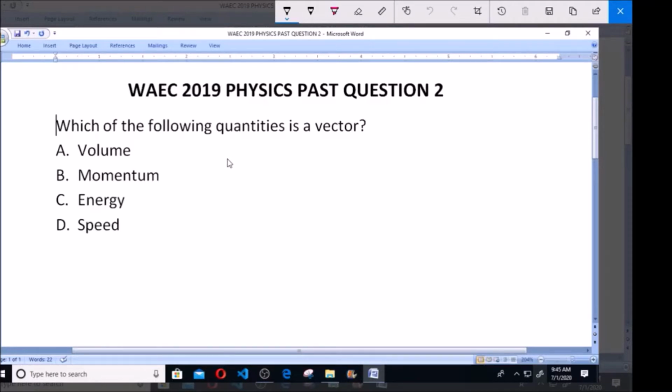There are two major types of quantities that we have in physics. We have the vector quantities, and we have the scalar quantities.